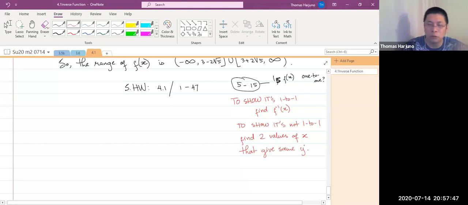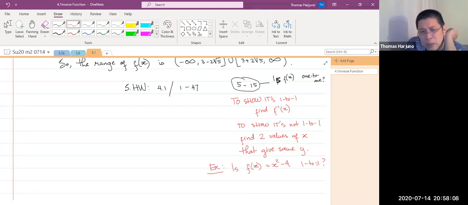So you still don't need to graph it. Let's say, for example, is f(x) equals x squared minus 4 1-to-1? We know it's not, right? But how do we explain in writing without going too much into graphing? Because there could be a case that we don't even know how to graph it. What you can do is find two different x's that give you the same y.